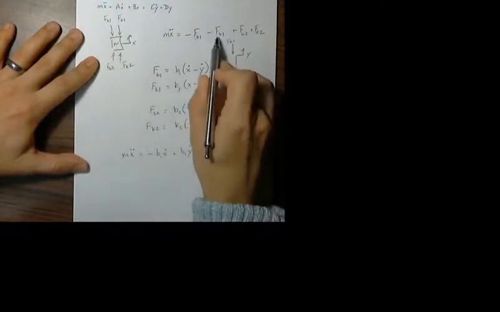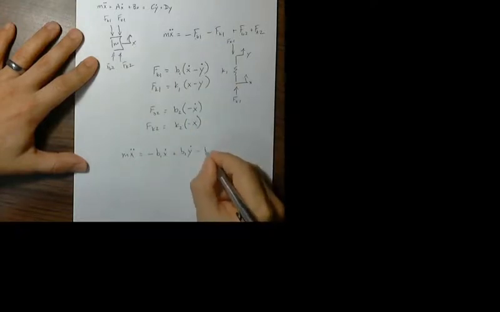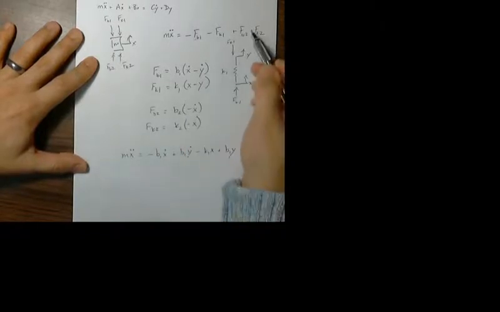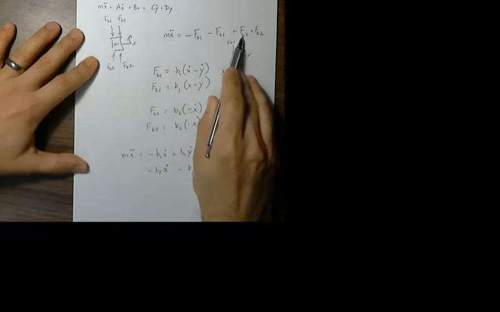Same story here: negative k1 x plus k1 y. Similar, but not quite the same: minus b2 x dot minus k2 x. I'm keeping the minus from here, even though this was positive.